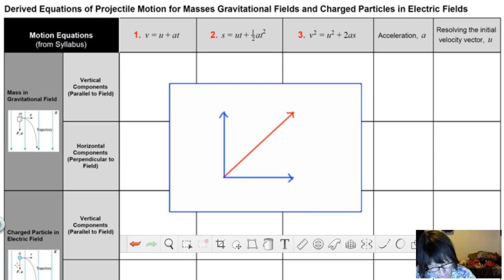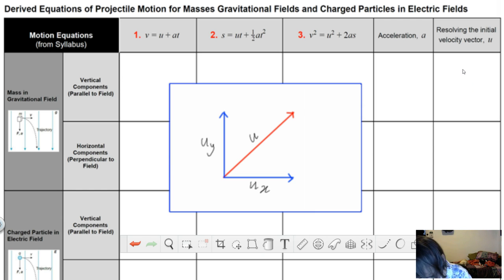So we're going to start here with our initial velocity vector and resolve that into our horizontal and vertical components. We have done this in class, so I won't go over it again, but just to use the mnemonic, which is the memory aid of how to derive the equations for initial horizontal and vertical components.